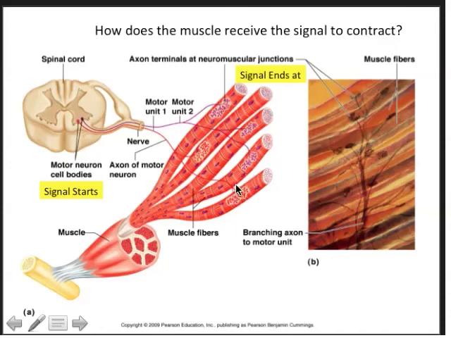And at that point, the membrane that covers the axon terminal will release neurotransmitters, which are special chemicals that will float across the tiny gap that exists between the muscle cell and the nerve cell, which is called the neuromuscular junction, and then it will bind to receptors that are on the muscle cell membrane, and that will cause electrical changes in the muscle cell membrane that will eventually cause the muscle to contract.